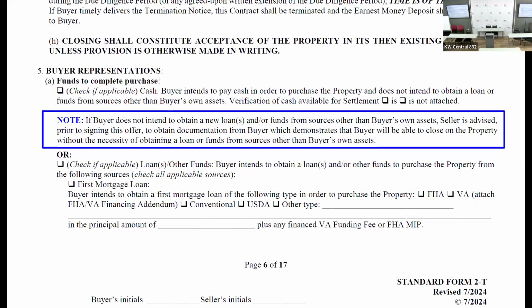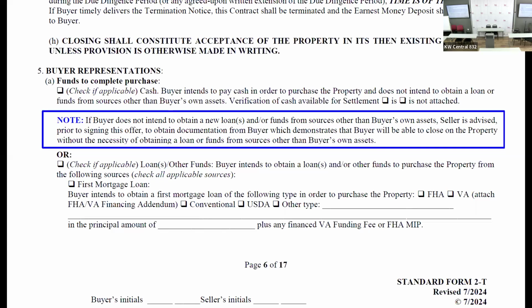So again, it's a material fact if the buyer has to get a loan for the property, and it must be disclosed because it could affect the seller. Just like the seller has to disclose on the residential property disclosure any defect that might affect the buyer's decision to buy, same thing here.